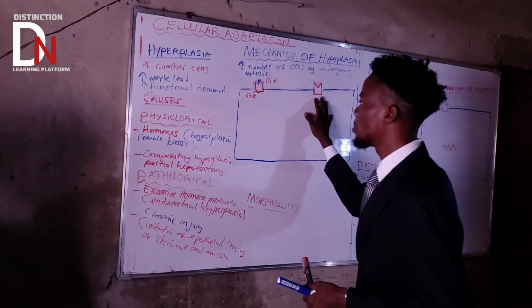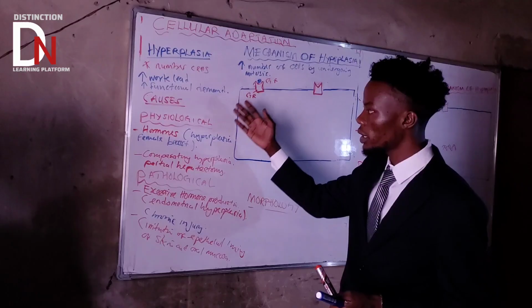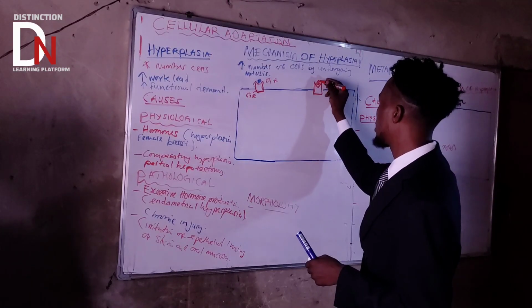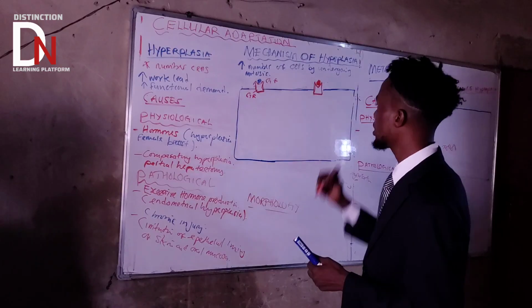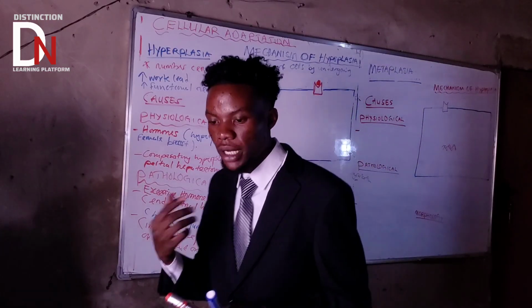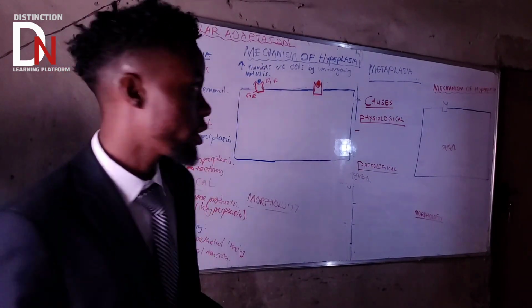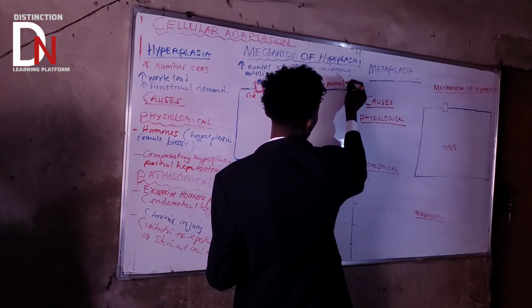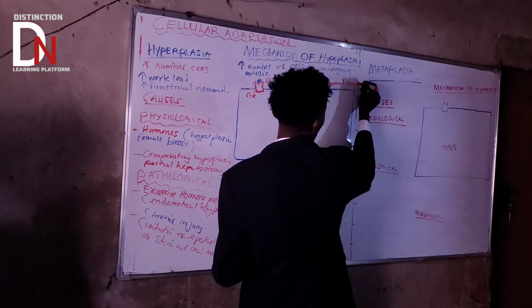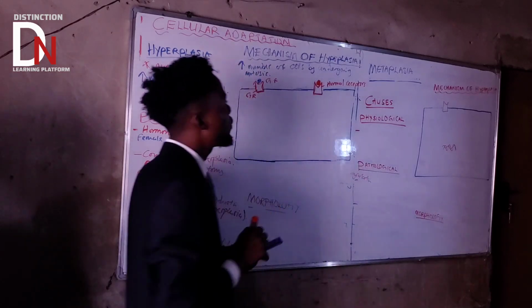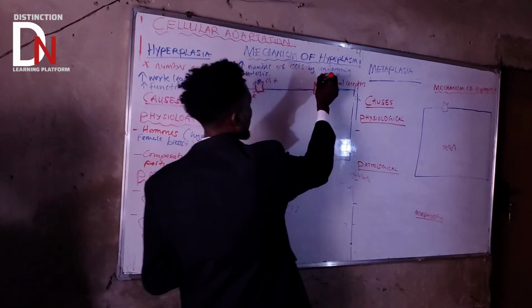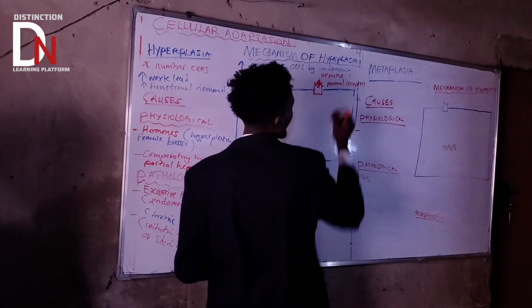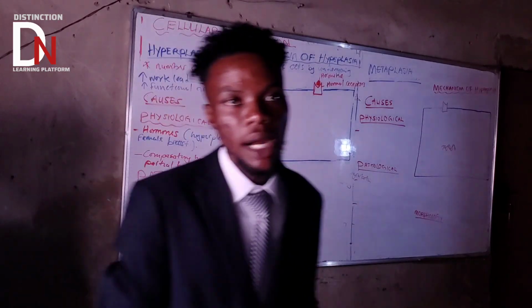Then let's go to this one. If you look at the causes, there were also hormonal causes, which means hormone can also come here and bind to the hormonal receptor. Where hormone is going to bind.